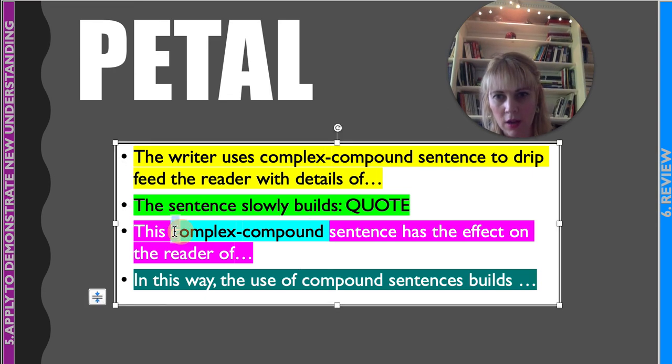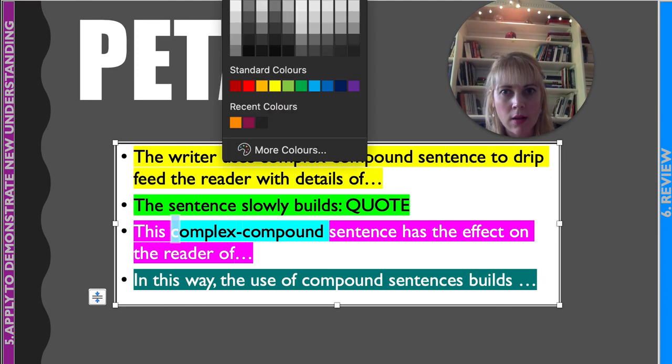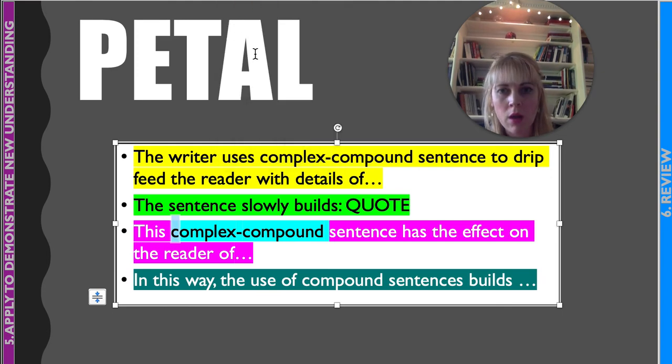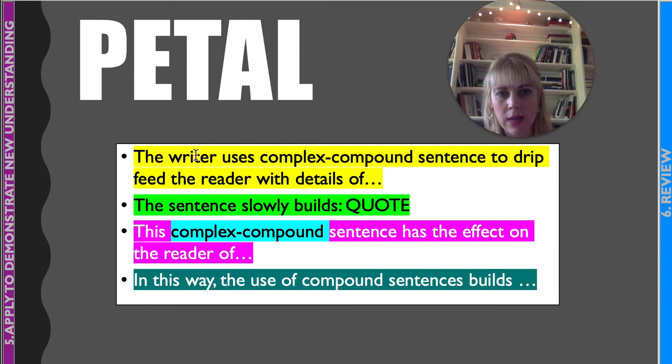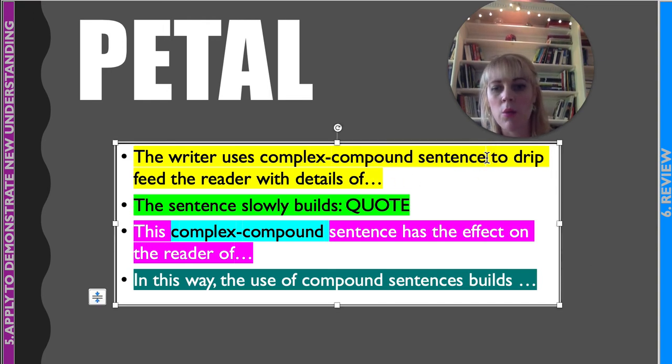I need to colour that one in for you, really, if it'll let me. Yes, it will. So your point is in yellow here. The writer uses complex compound sentences to drip feed the reader with details of... I want you to try and complete that sentence for me.